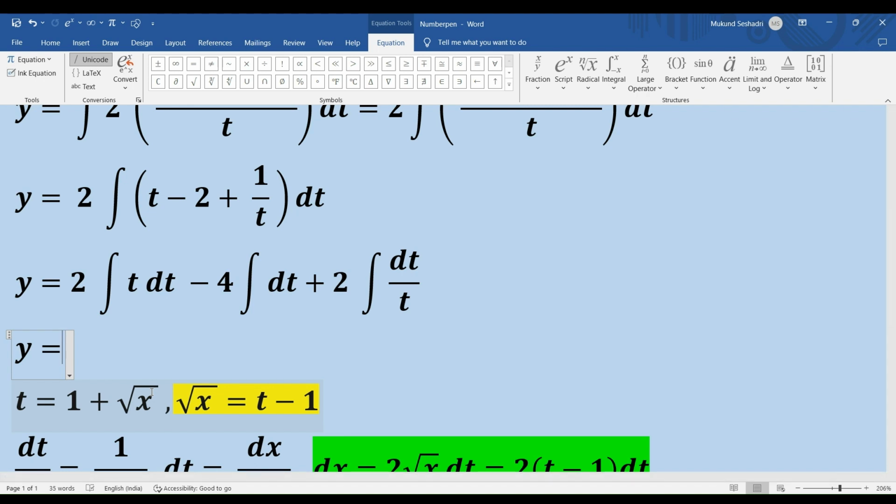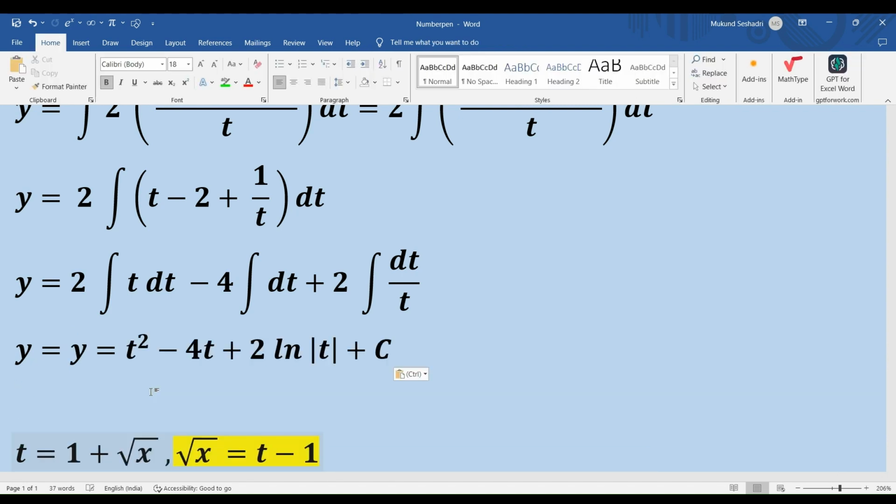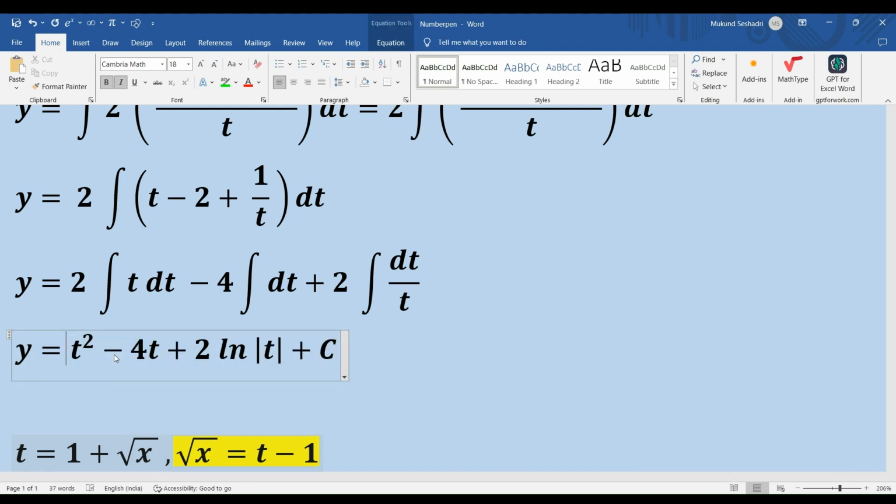And then we combine the constants of each of these integrals and represent them as one single constant, right? So this is what we get. Y equals t square minus 4t plus 2 times ln of mod t plus c, right? Now I know that I cannot leave my answer in the form of t. I'll have to rewrite everything in terms of x. I know that my t is equal to 1 plus root x, right?